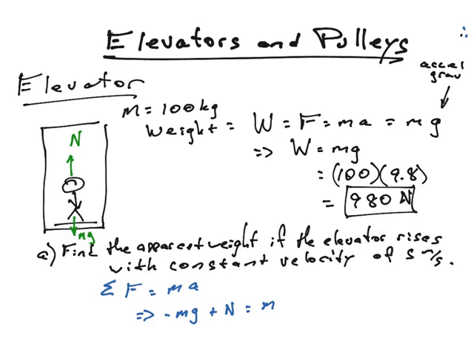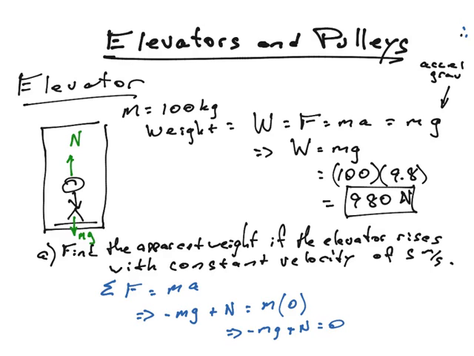So if I have no change in my velocity, then my acceleration must be 0. So that's easy. In this specific instance, if I'm not moving with an acceleration, I'm moving with a constant velocity, then my acceleration must be 0. So there it is. So here's my equation: minus mg plus normal force is equal to 0.